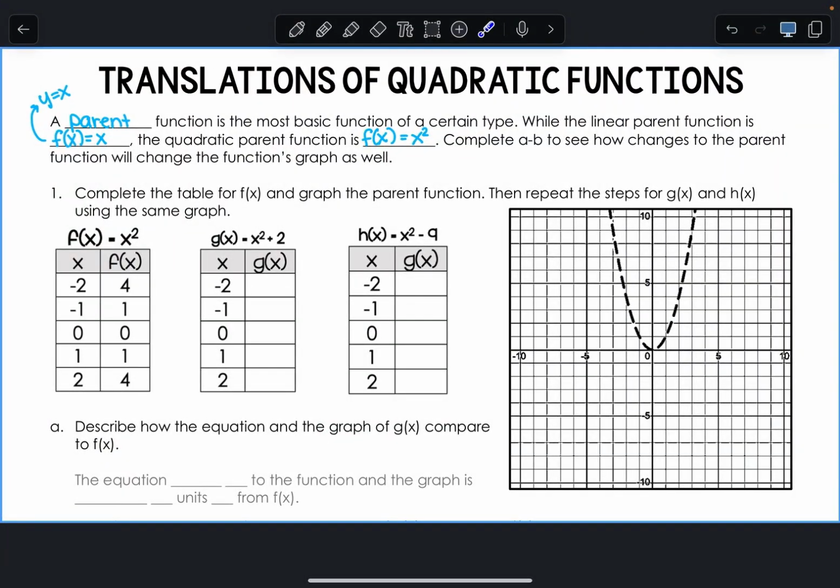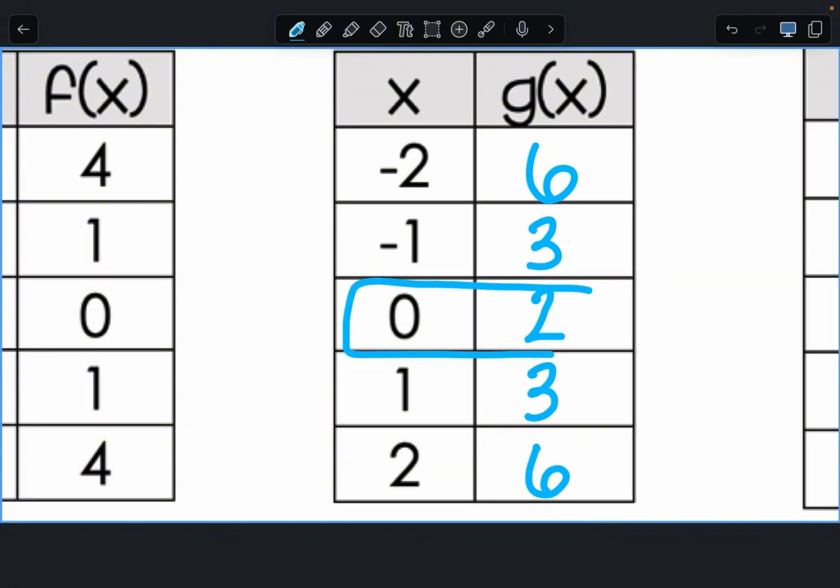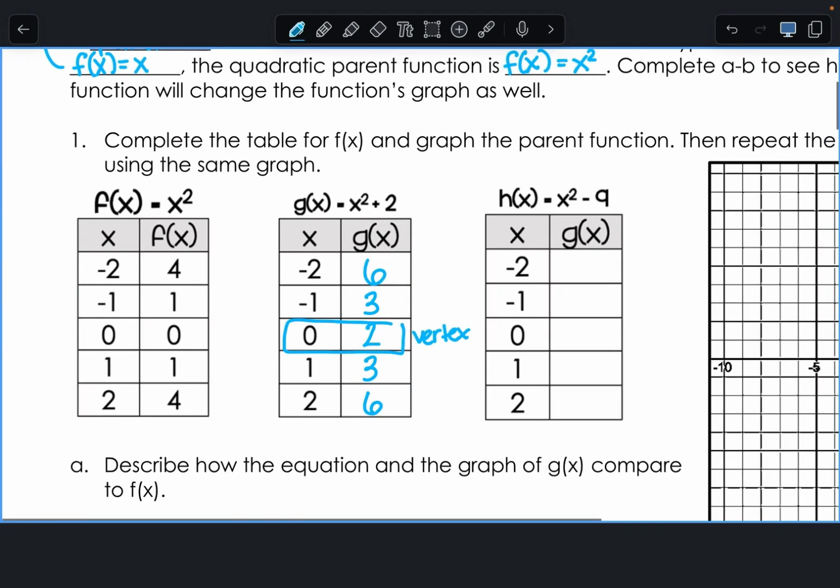Filling in our table, negative 2 will be paired up with 6, negative 1 with 3, 0 with 2, 1 with 3, and 2 with 6. You should be able to identify the vertex. Where's the vertex? 0, 2, correct. There's my vertex.